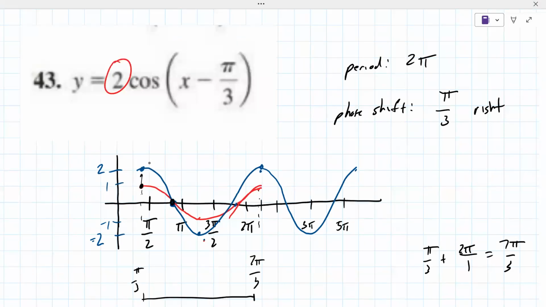Zero stays the same because when you multiply by zero, nothing changes. Here it's negative one, so it becomes negative two. You're multiplying by two. And then same thing here, that zero stays zero, one goes up to two.